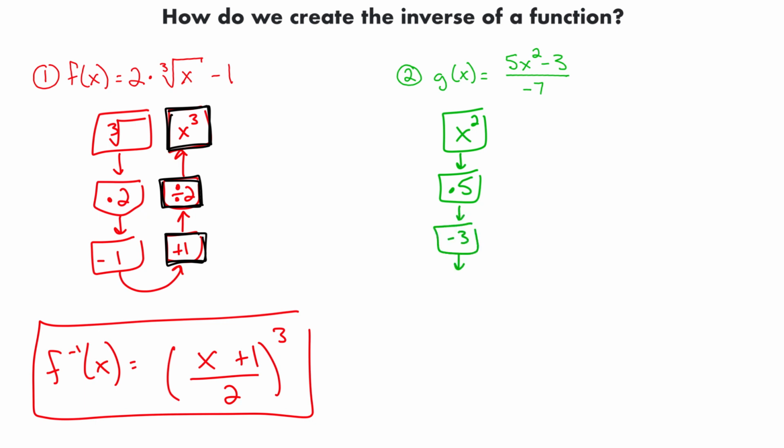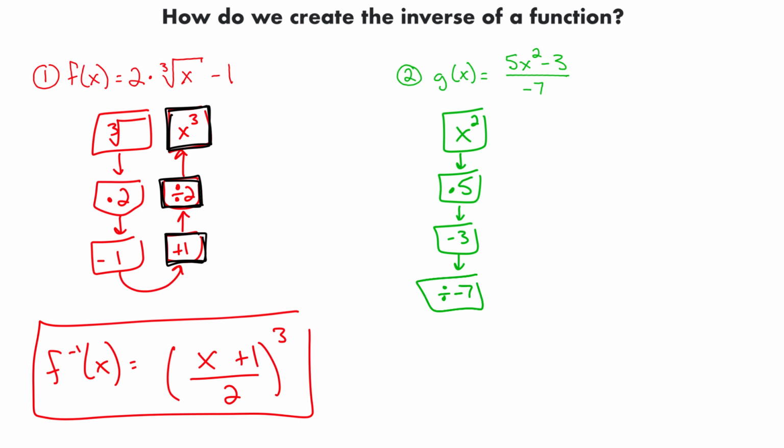And then lastly, you would divide by -7. So again, that is the sequence of steps you would take if you substituted in a value for x. Those are the step-by-step instructions on how to get from problem to answer.